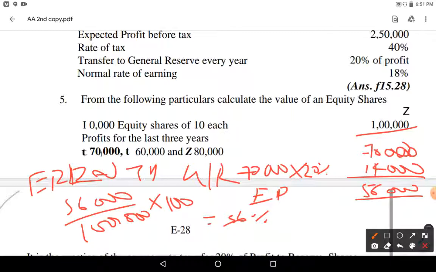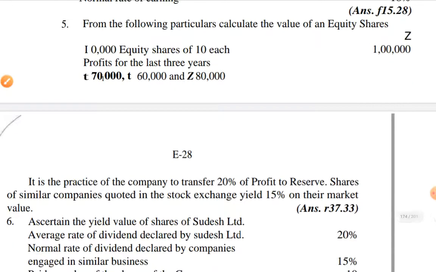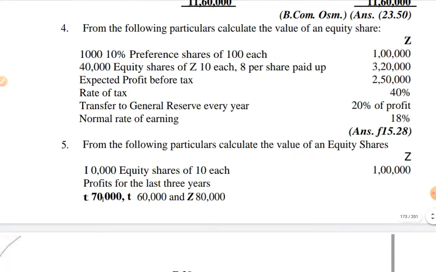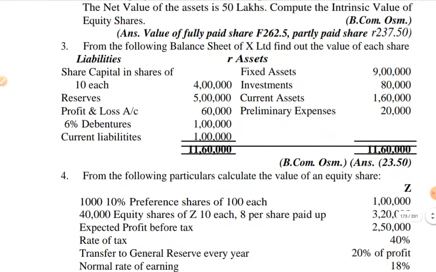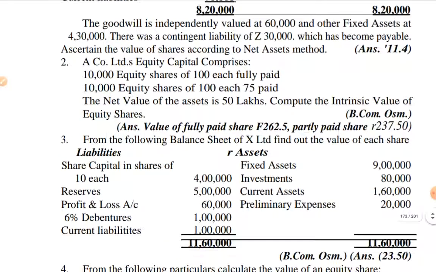Okay, NRR is 15%, so 56% divided by 15% into 10 rupees paid up value of each share. There you will get the value per share. So do it by yourself, you will get the answer. Don't worry about it. So I am completing the short questions also in this video itself.